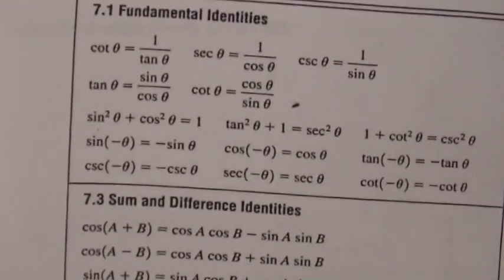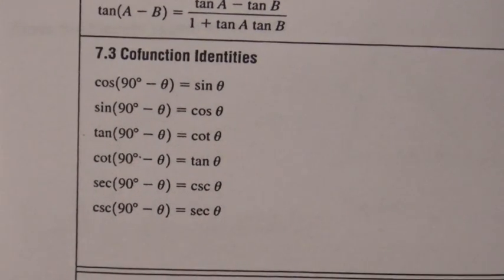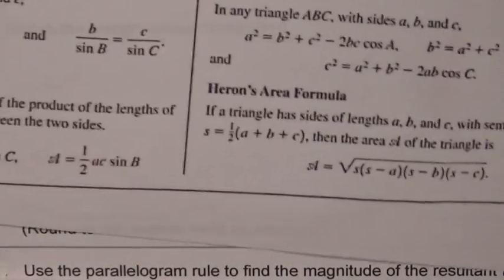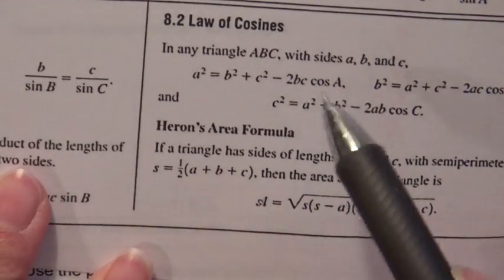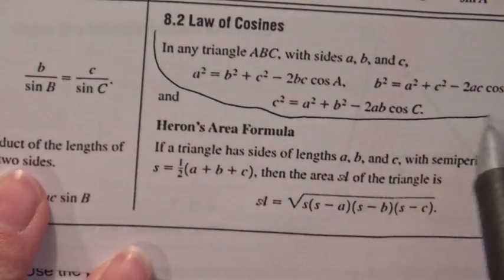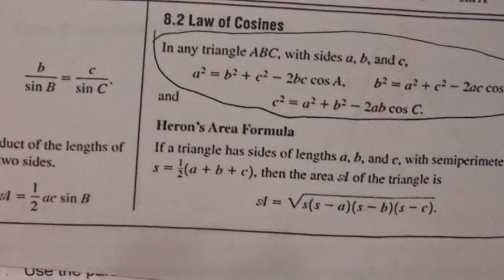So if you want to scan through that and find the formula that you need, we're going to use the law of cosines, which is in the bottom right corner here. We're going to use one of these variations. They're really all the same thing, just given in terms of different angles.